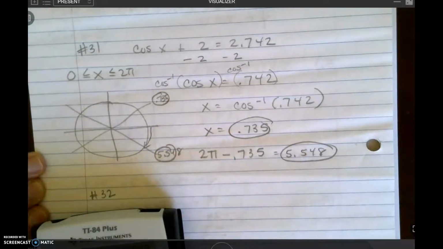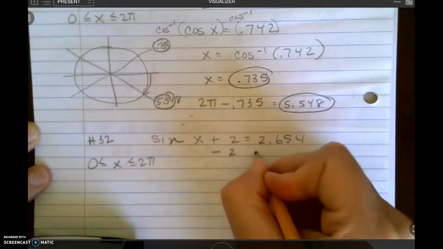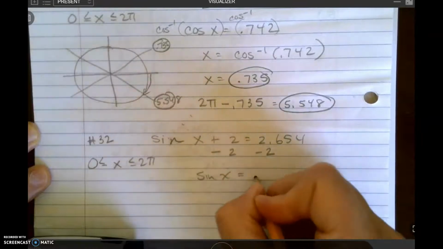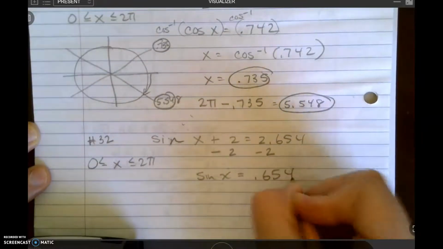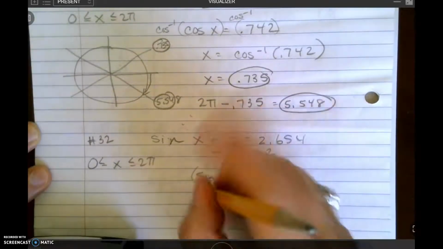It's very similar. I'm going to subtract 2 from each side, and I get that the sine of x equals 0.654, and I take the inverse of each side.